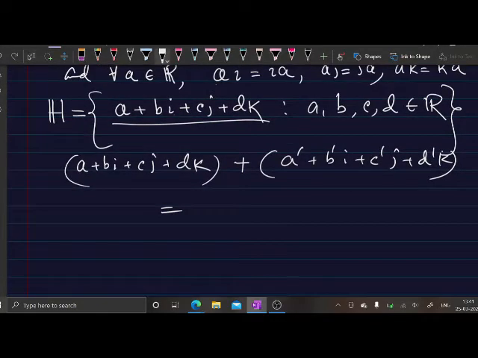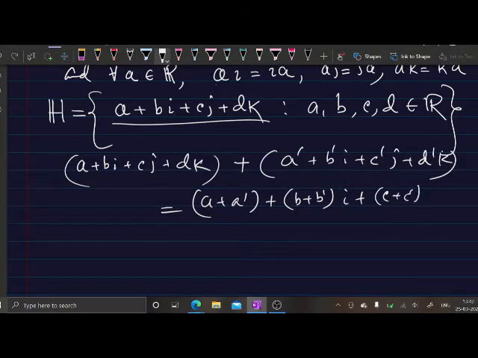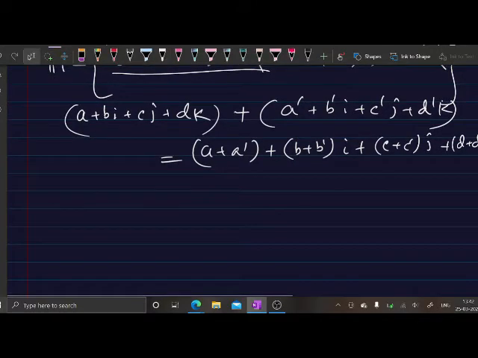You just add component wise. That means the first is a, here a dash, so you add a plus a dash, and then you take b plus b dash i, c plus c dash j, and then d plus d dash k. Okay, so this is very simple. This is the very usual sense of addition.